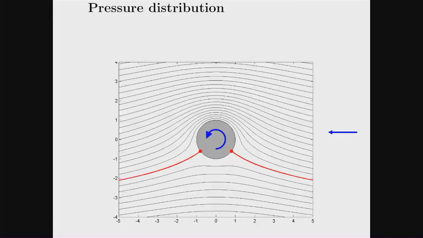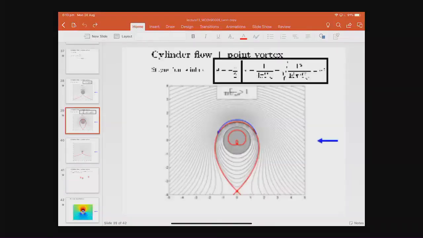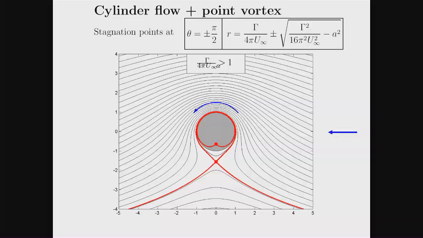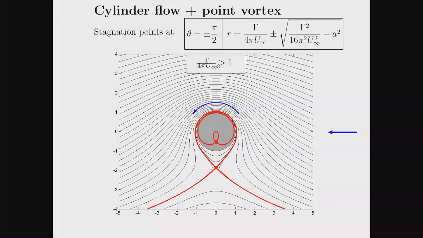If I show back this slide here, even though I'm changing this parameter, take note that my cylinder is always a circular streamline, which means that the shape of my cylinder does not change.